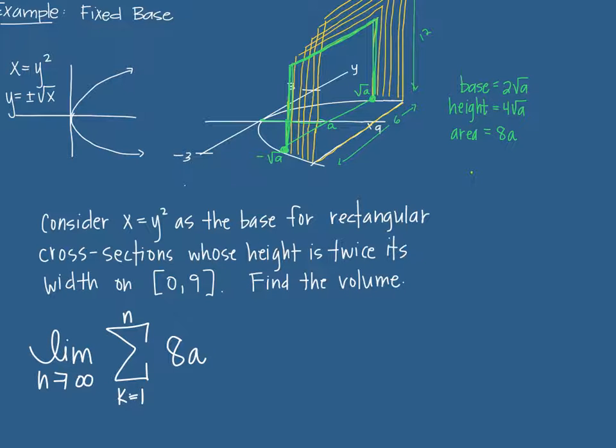That is the sum of infinitely many paper-thin rectangles, all of whose area is 8A. If we could add up all of their areas, then we would have the volume. And so that could be better written in calculus as the integral of 8A dA going from 0 to 9.